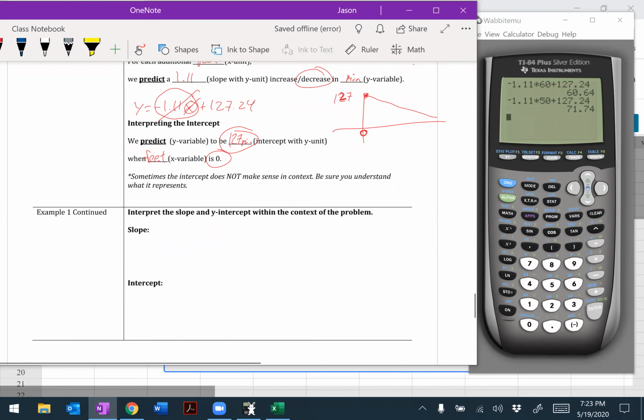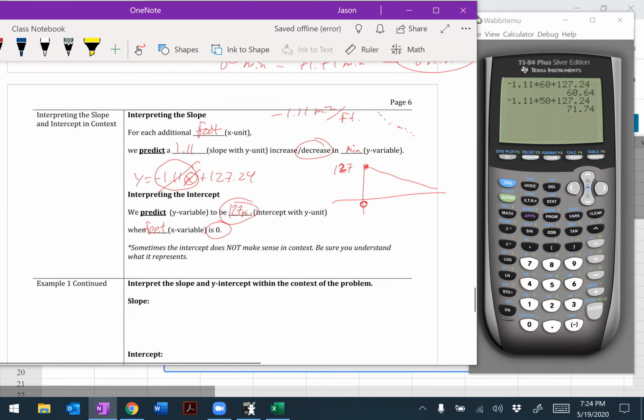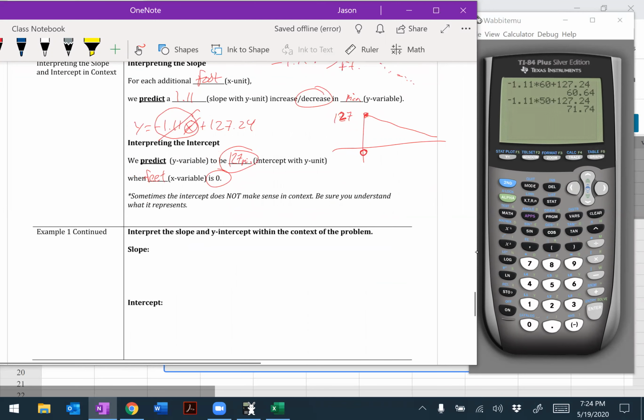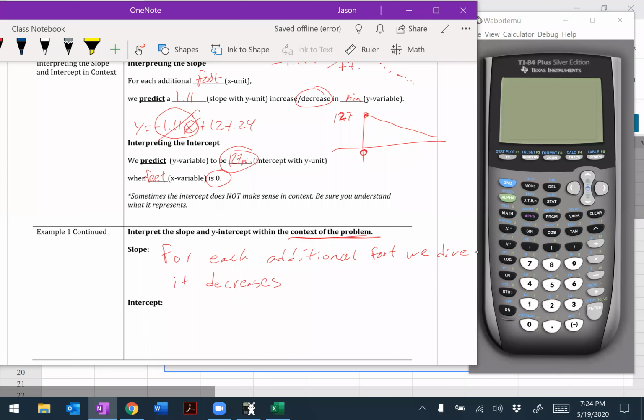Interpret the slope and y-intercept in the context of the problem. We kind of just did this. What's the slope? For each additional foot we dive, it decreases our time by 1.11 minutes.